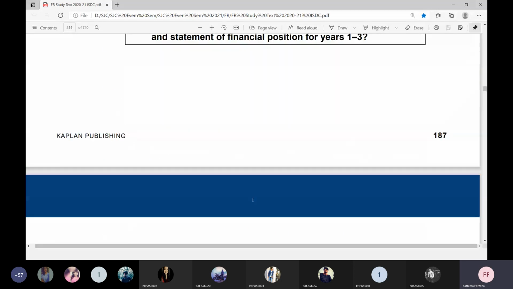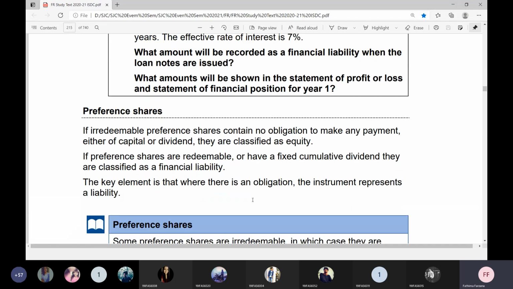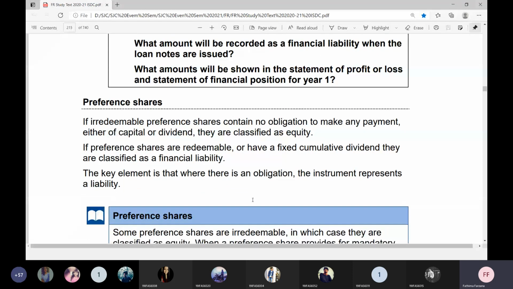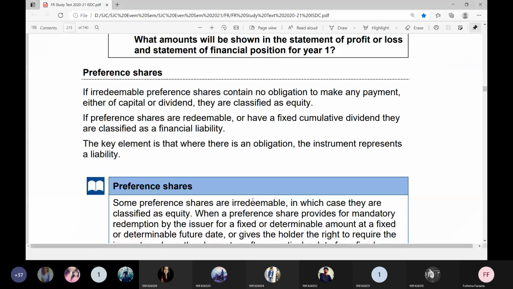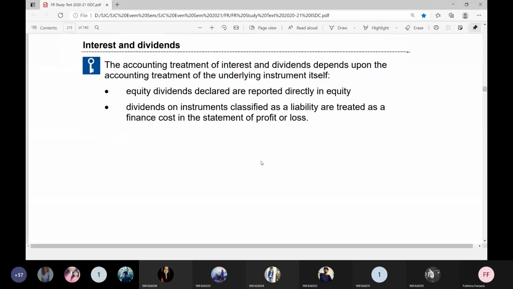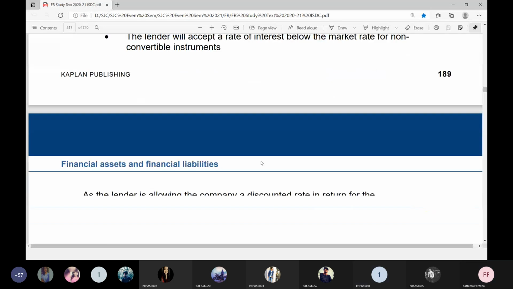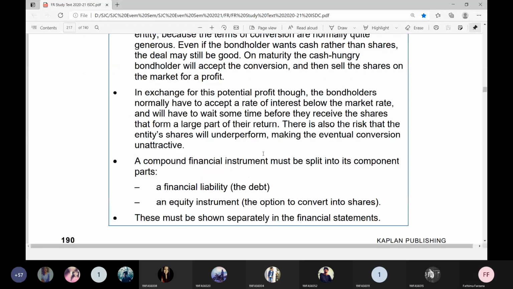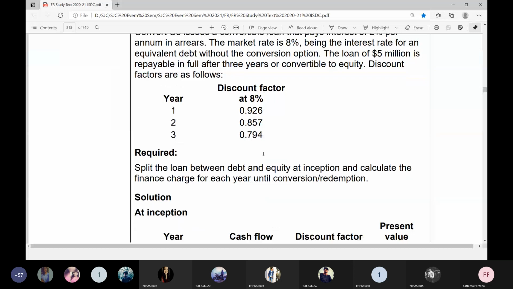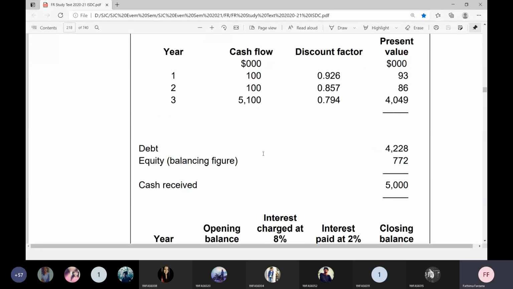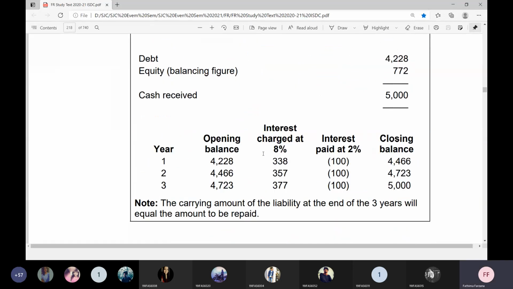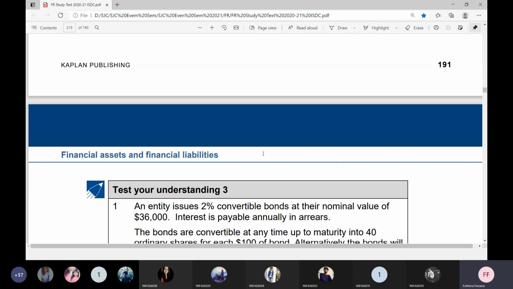Where is the answer for this particular question? Preferentials. Page 191. This answer is on page number 191, but without reading theory, how will you go?